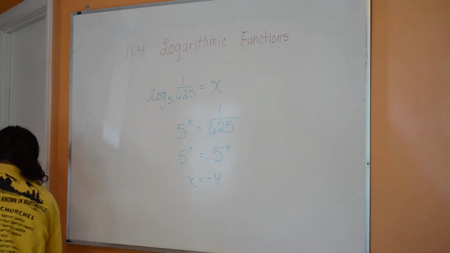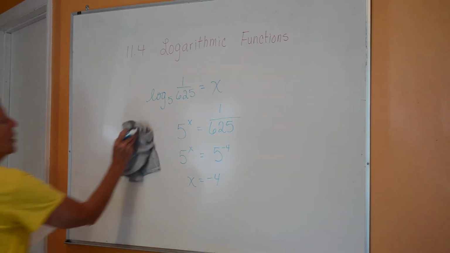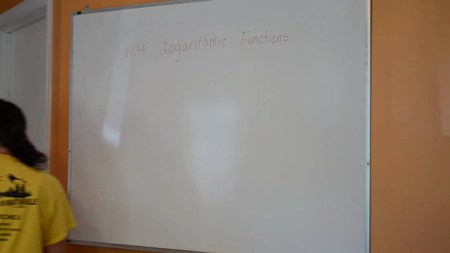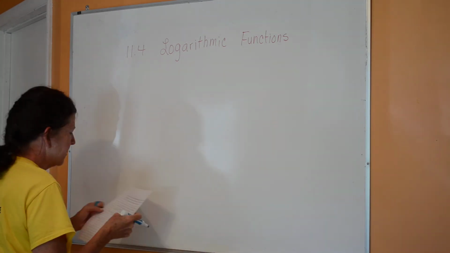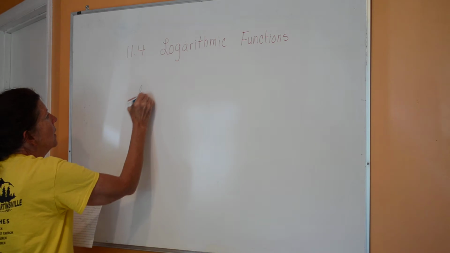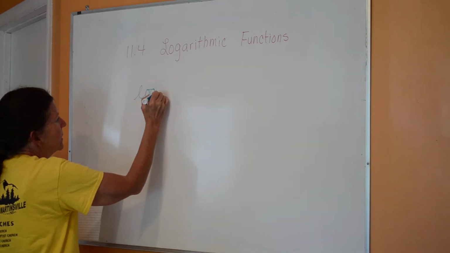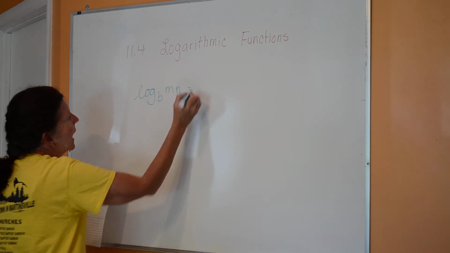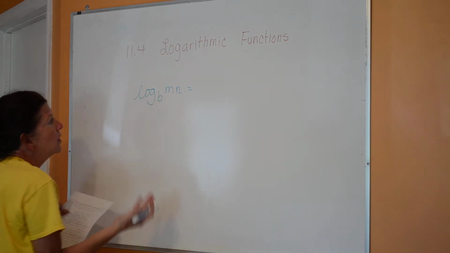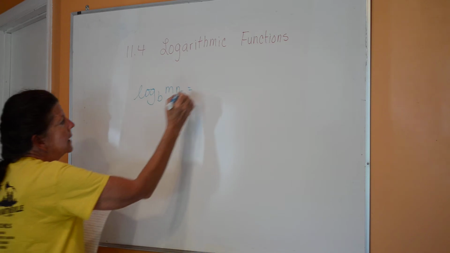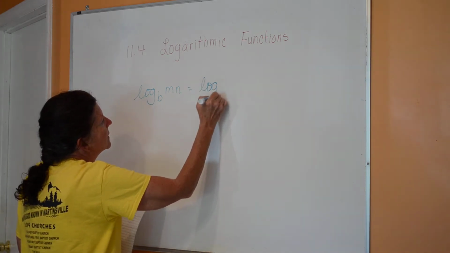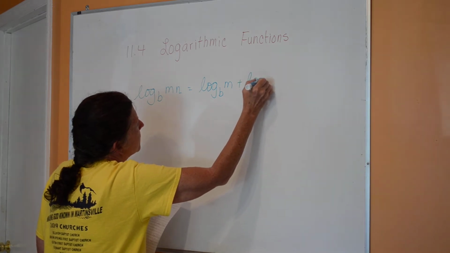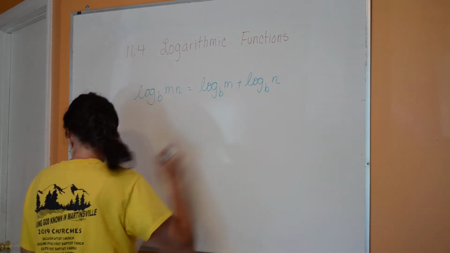All right, now there's math to be done on logarithmic form, just like any other form, and there are certain rules or properties that you have to learn to do it. Like the multiplication property is written as an addition property. So if I have the log of base b of mn, it's the same as log of base b of m plus log of base b of n.